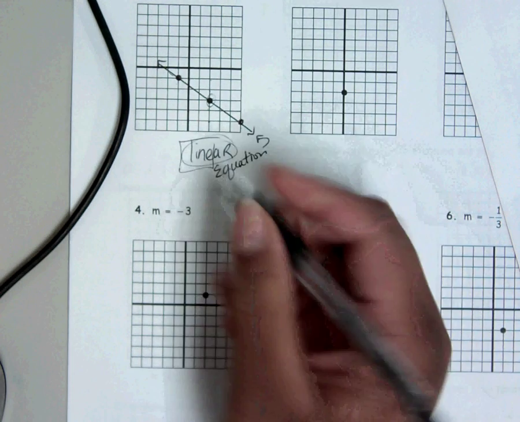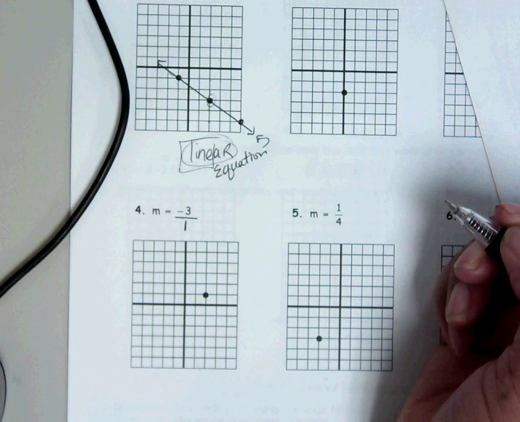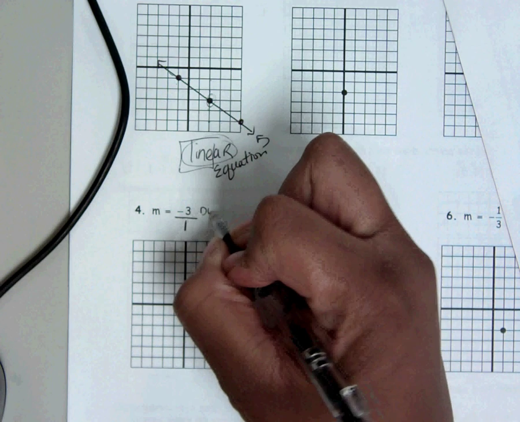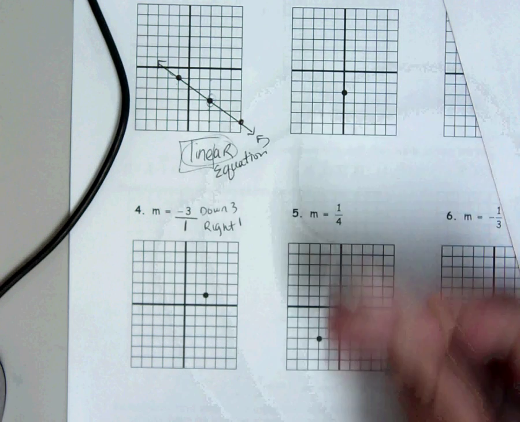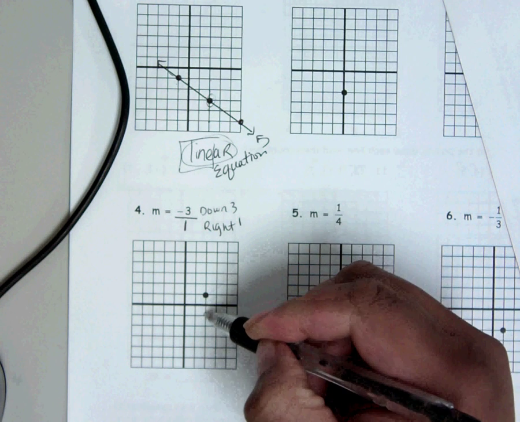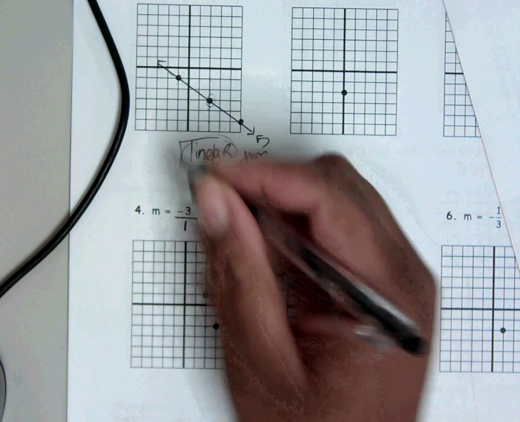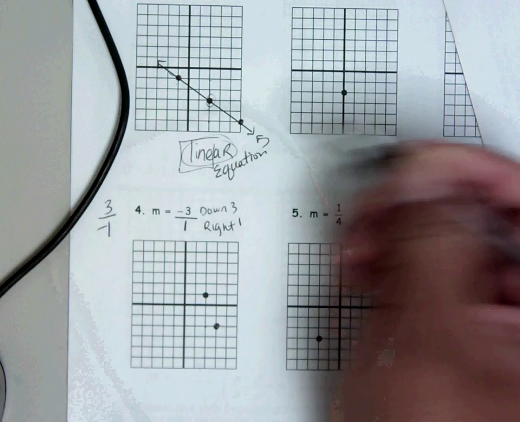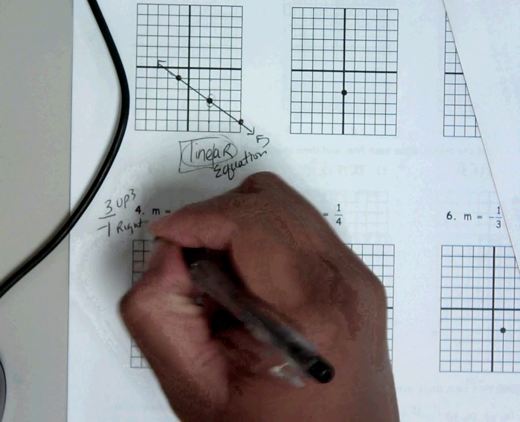All right, so number 4. It's not in fraction form, so I have to put it in fraction form, put it over 1. So this means to go down 3 and to the right 1. So down 3 to the right 1. But I could also change that to 3 over negative 1 and go up 3 and right 1.